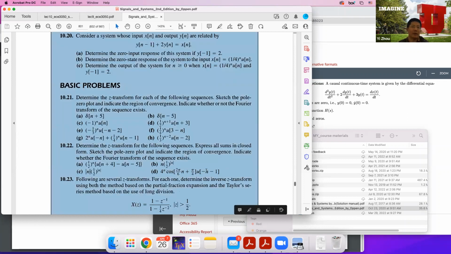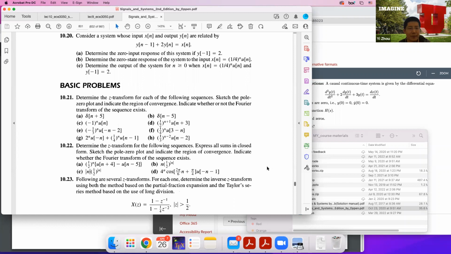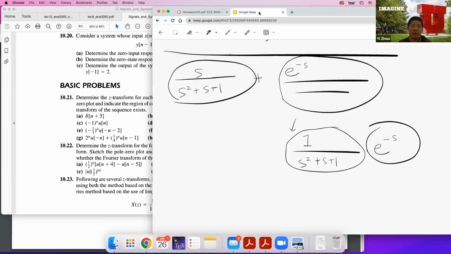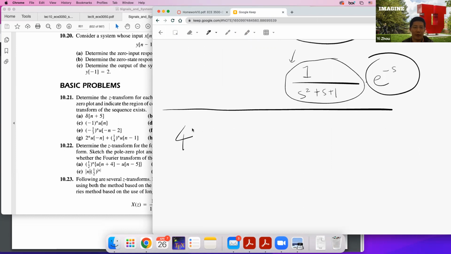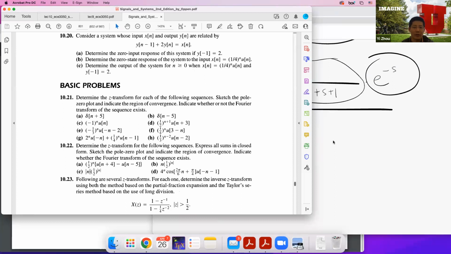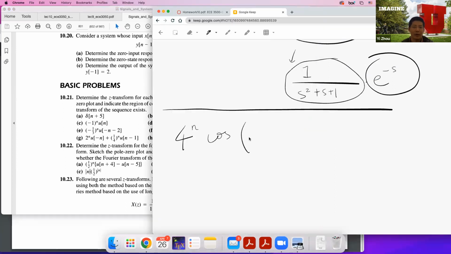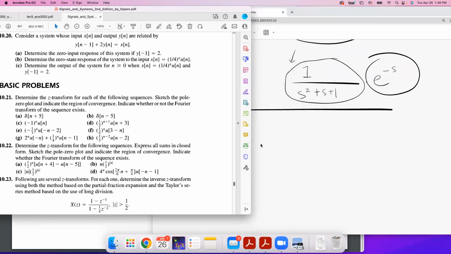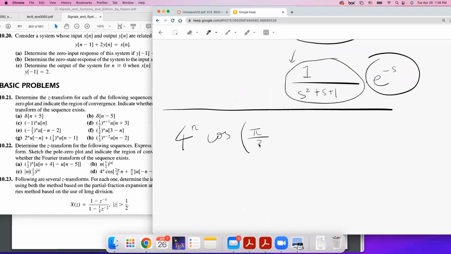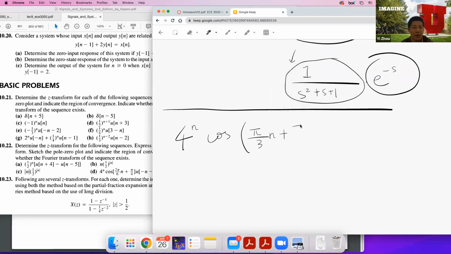So we can rewrite it in this way: it's 4 to the n times cosine of pi over 3 n plus pi over 4, times u of negative n minus 1.